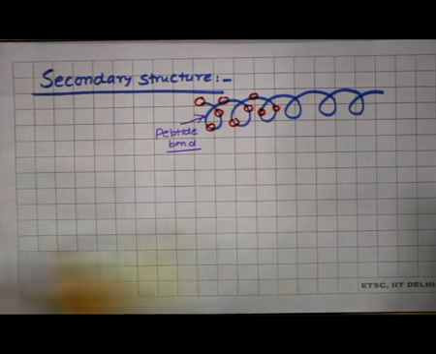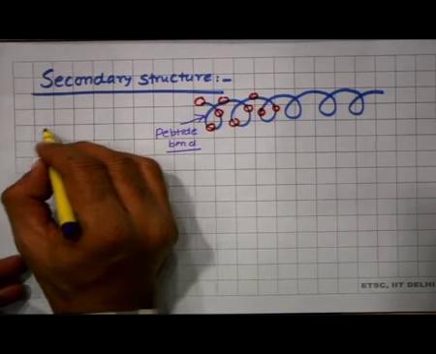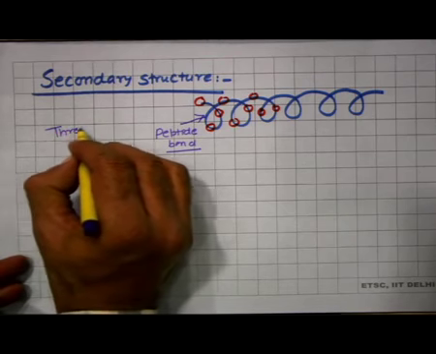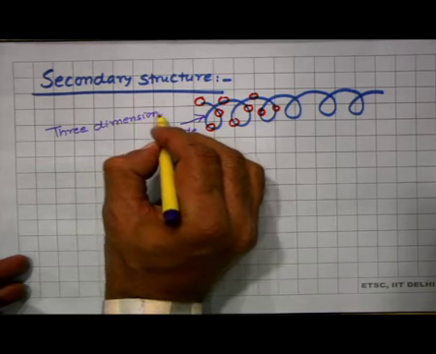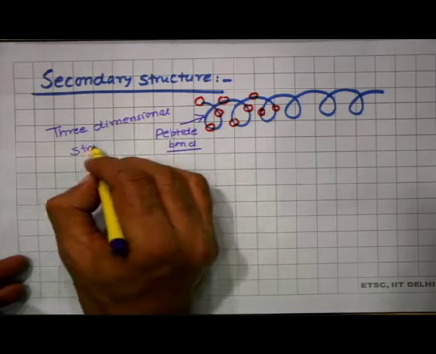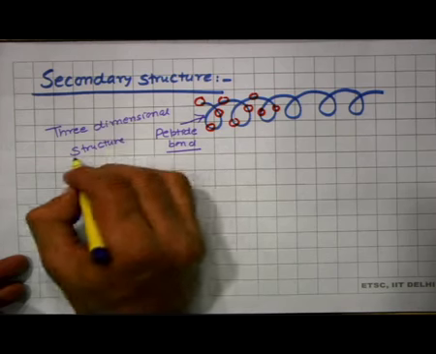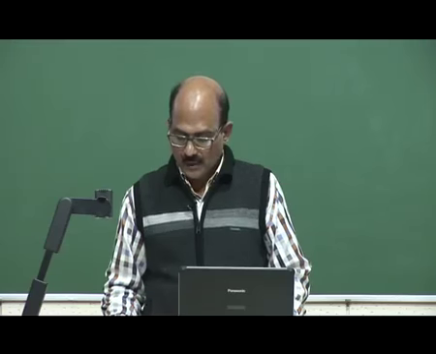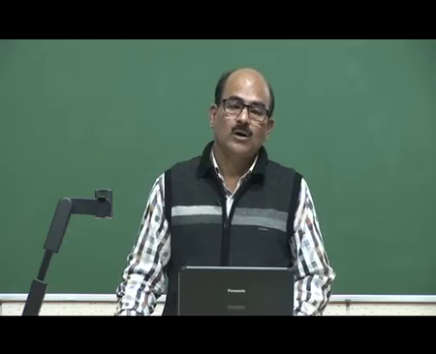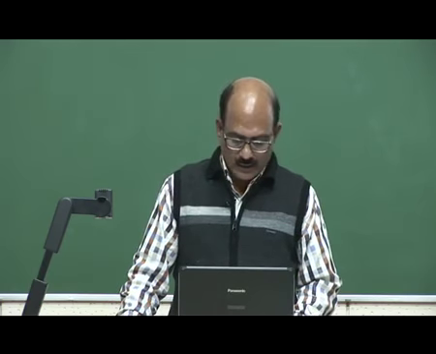After the coiling, it may make a 3-dimensional structure. So, we can say the polypeptide chain is coiled to form a 3-dimensional structure, called the secondary structure of protein.